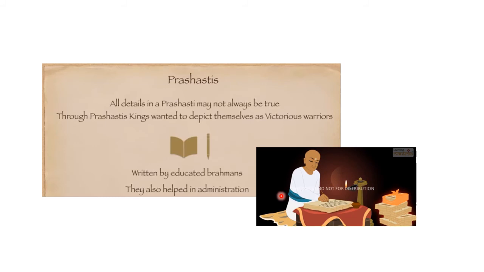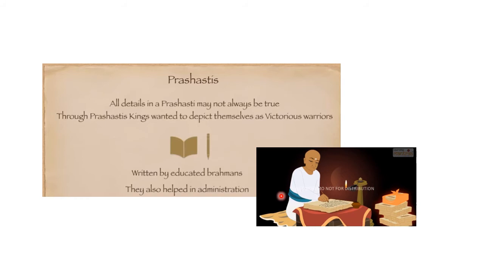As I told you, Prashastis were long poems composed in praise of a king, and the kings would appoint Brahmins, who would write these poems and depict the king as a very victorious king. The kings wanted praises for themselves, and most of the time whatever the Brahmins wrote may not be true.